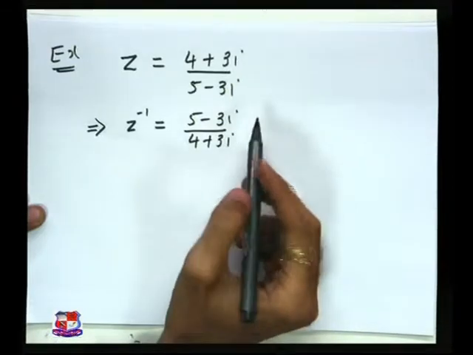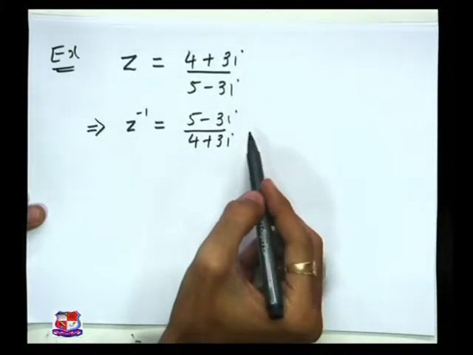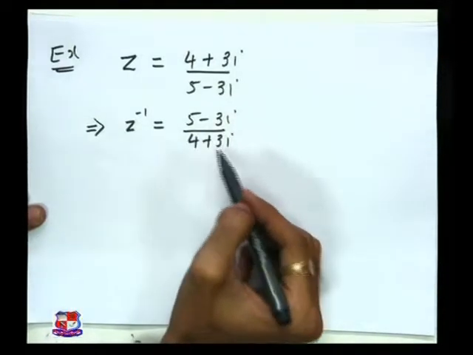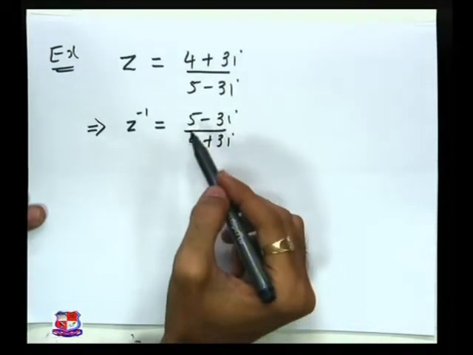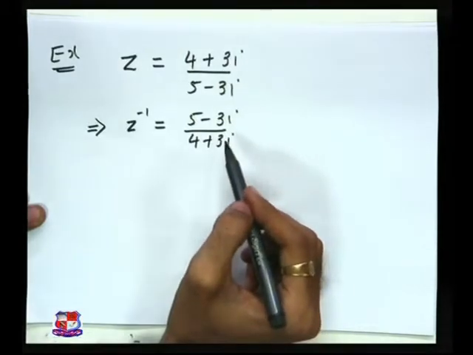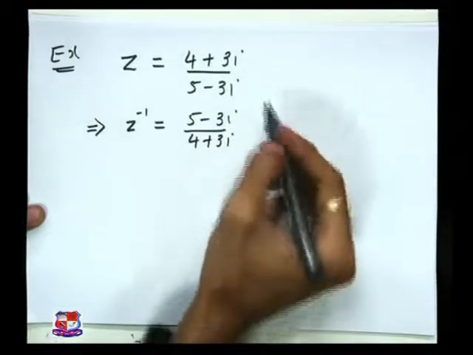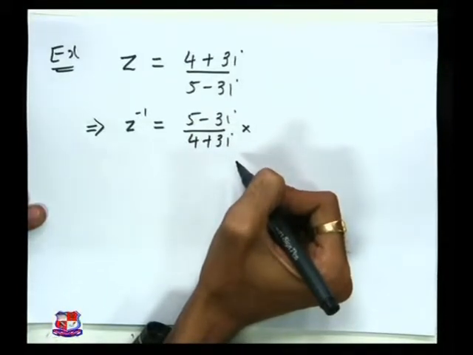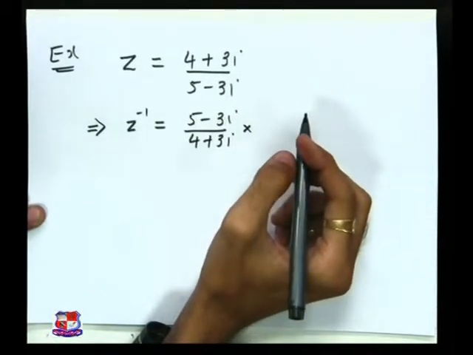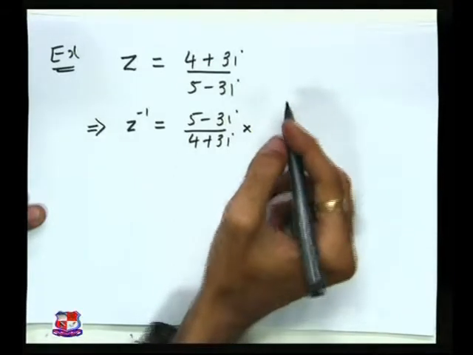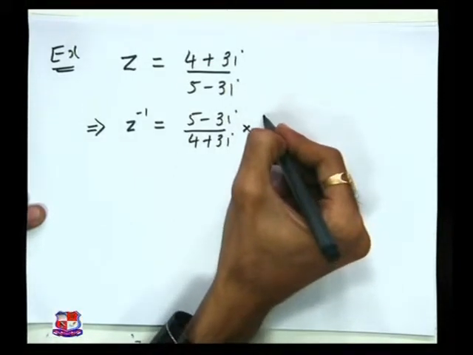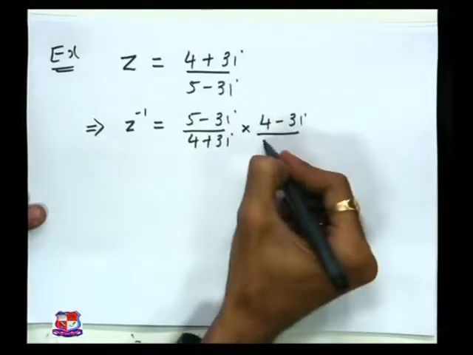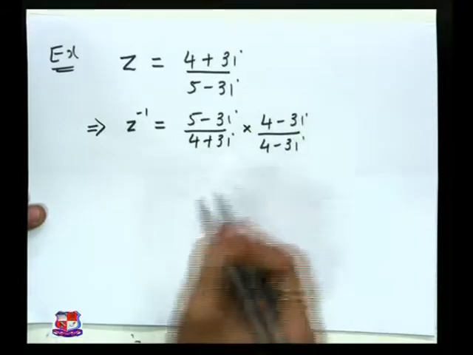But here in the denominator this is a complex expression, so we need to convert it into a real number. For that we multiply by the conjugate, or we can say the rationalizing factor. So I will multiply this by (4 minus 3i) upon (4 minus 3i).